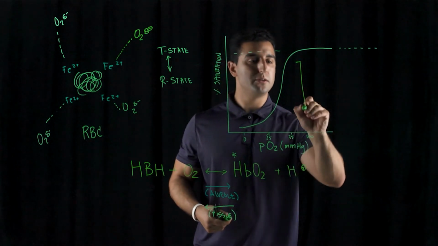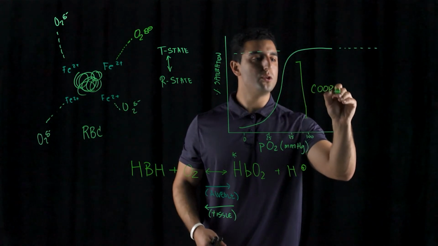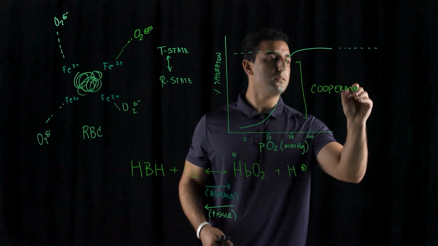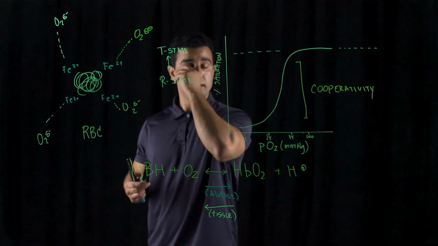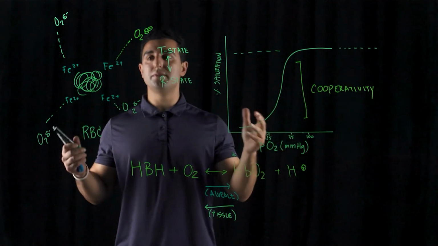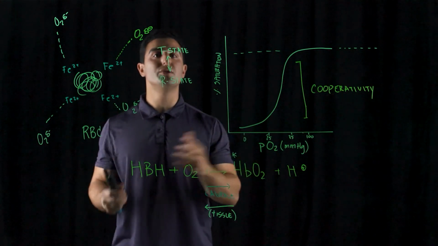So if I draw a little diagram here, this is the whole cooperativity. And this is the general mechanism of how these hemoglobin molecules are able to create such a realistic pinpoint of transferring oxygen to the site of interest.